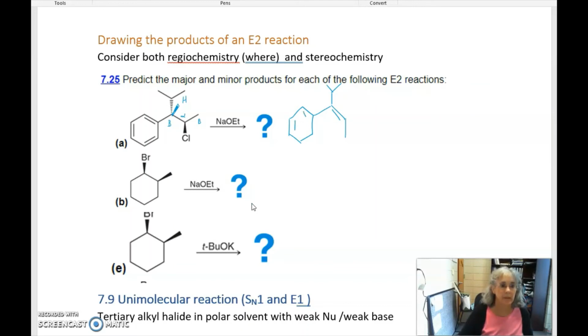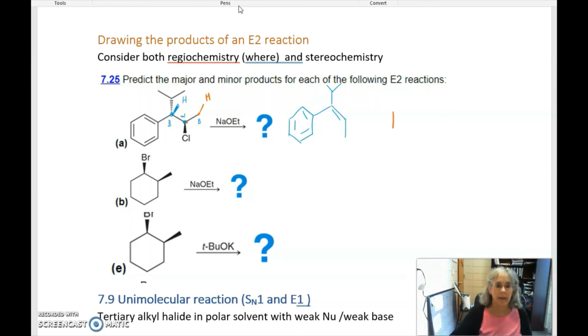Sorry, we'll have to make sure we don't lose those double bonds. And we've made a double bond between this one and this one. Well, let's change colors, and we can also make a double bond, but we can take the hydrogen off this terminal one.